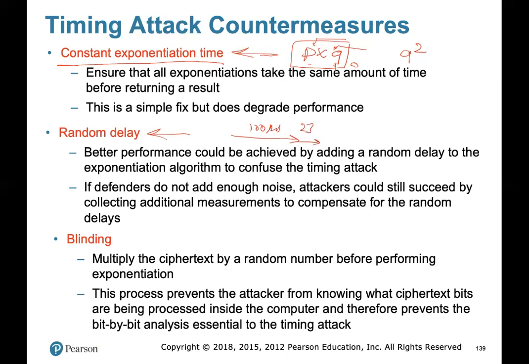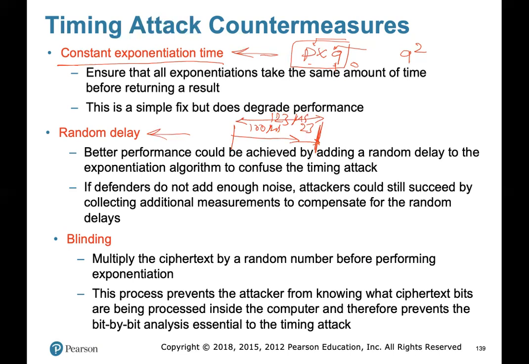The results will be made available here, so the attacker will be fooled and misled. The attacker assumes that this operation took 123 microseconds, although it was actually 100, but we changed it. So this is called the addition of random delay.